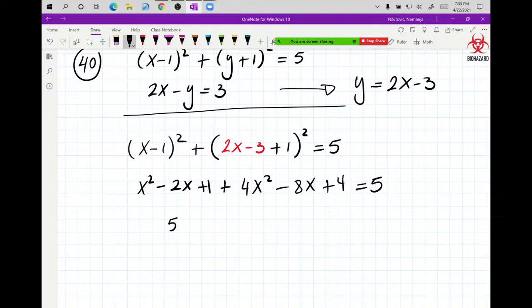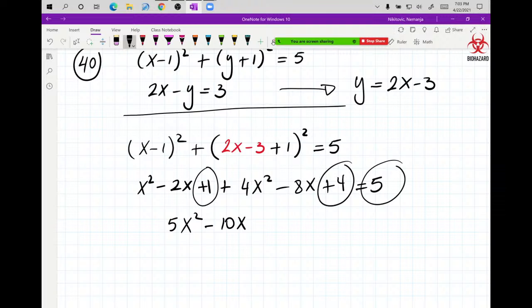It's okay. So we have 5x squared minus 10x, and then you have 1 plus 4 is 5, minus 5 is 0. So 1 plus 4 is 5, and then you subtract 5 from the right, it's a 0.